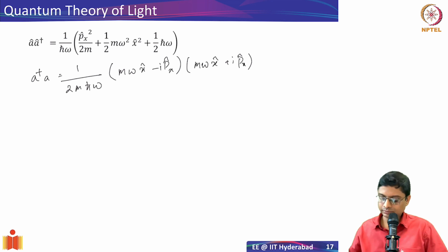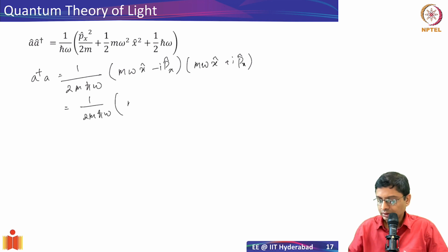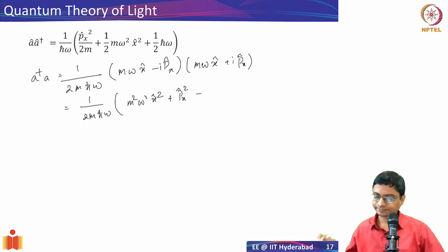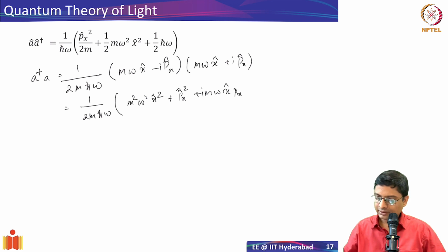The same thing goes. So now we'll keep this 2m h cross omega into m square omega square x cap square plus px square, plus now i m omega x cap px cap minus i m omega px cap x cap.